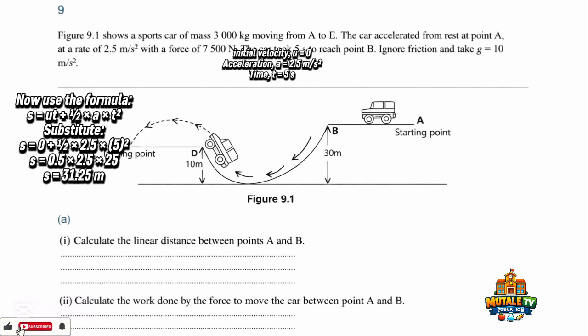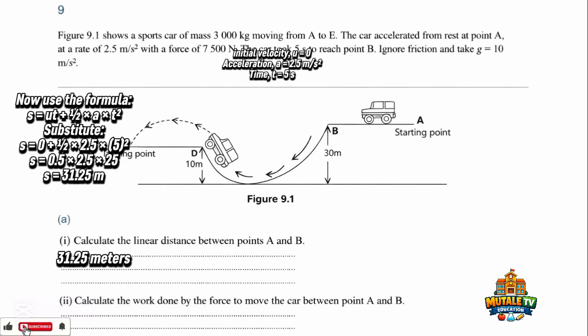Substitute: s equals 0 plus 1/2 by 2.5 times 5 squared. s is equal to 0.5 times 2.5 times 25. s equals 31.25 m. So, 31.25 meters is the answer. This is the answer because we are calculating distance under constant acceleration.